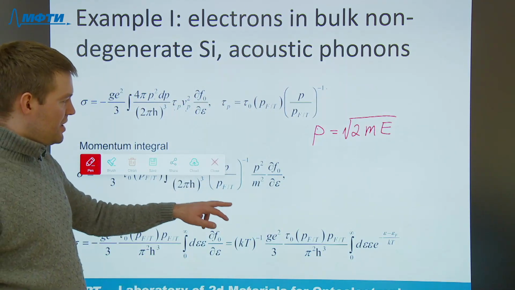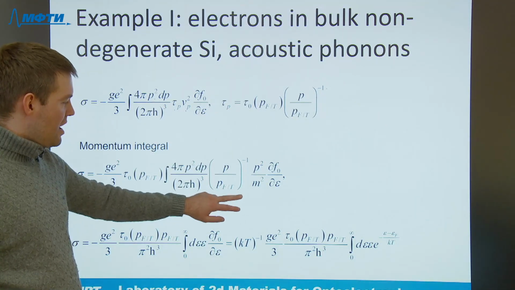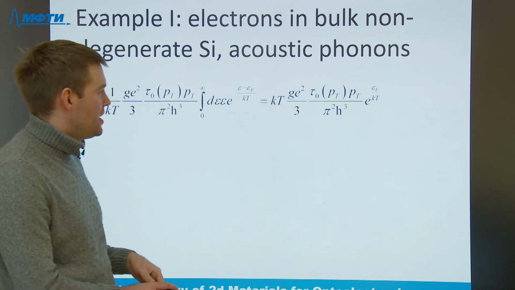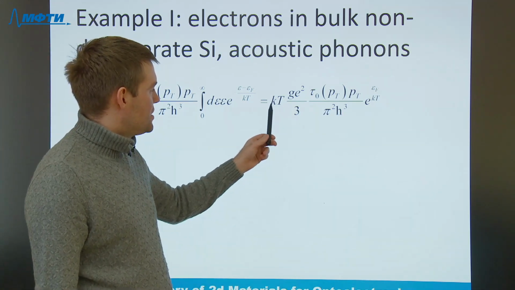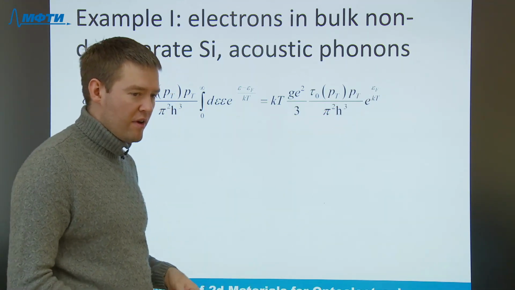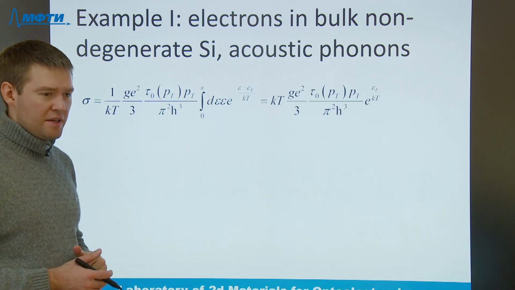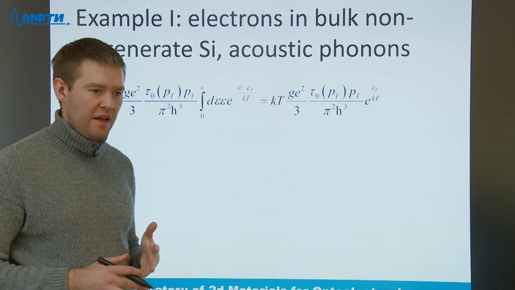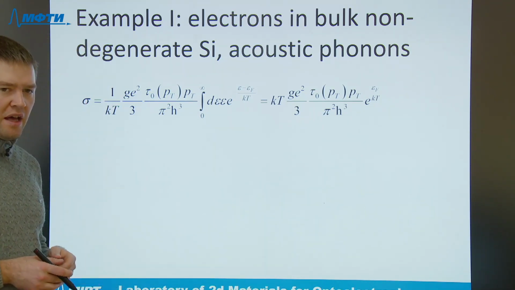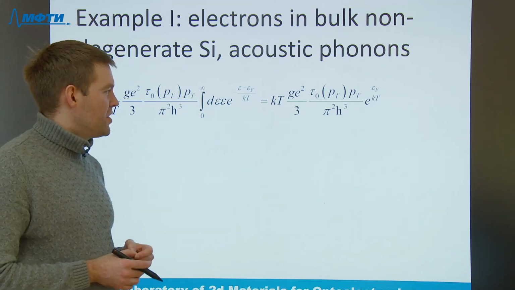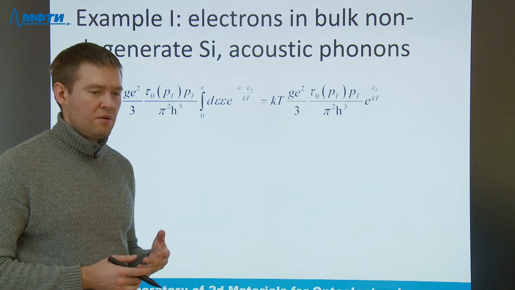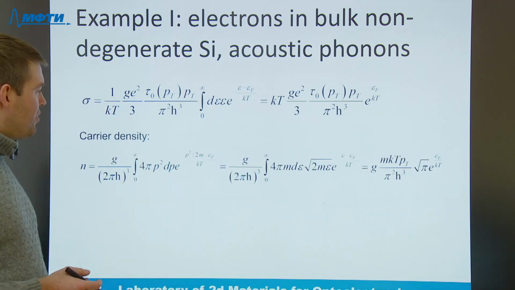So the remainder is evaluated very simply, and you get some explicit formula for the conductivity expressed through temperature and quasi-Fermi level EF. Actually, it is not very instructive to get the expressions for the conductivity expressed through the Fermi energies, and to get rid of this, you should express the carrier density in terms of the same quantity, in terms of the Fermi level.